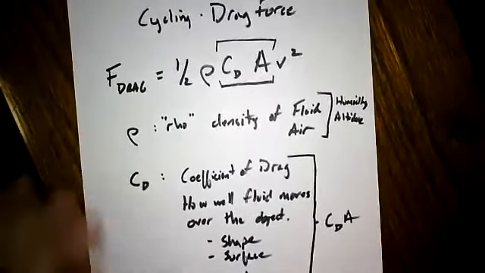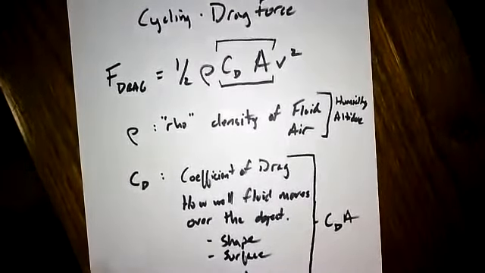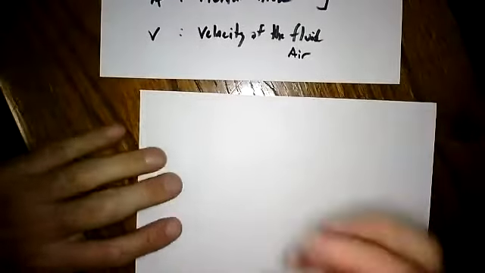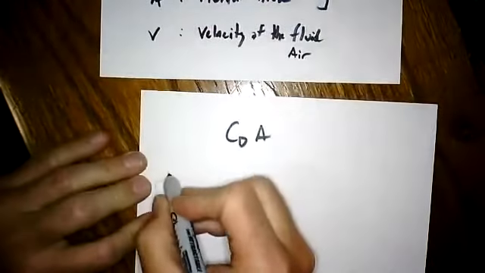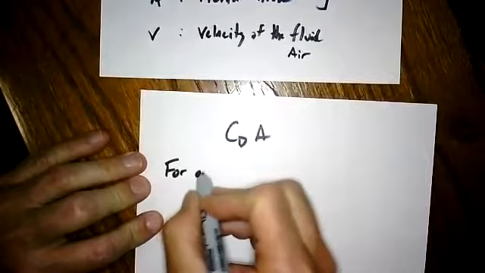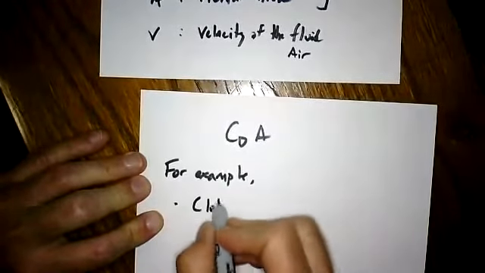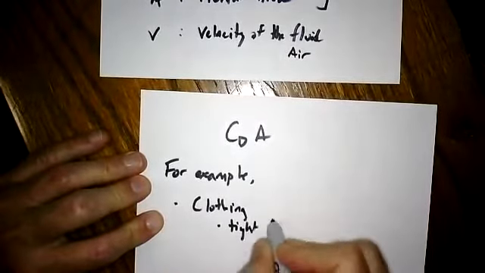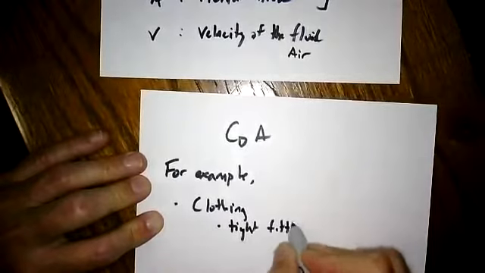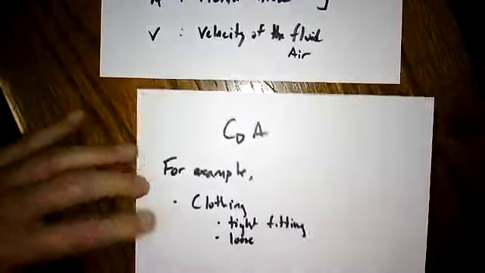Oh, you know what? I probably need to go ahead and write out the factors that influence CDA, just so we have those, or some examples. So CDA, for example, clothing, tight fitting, loose, will influence CDA.